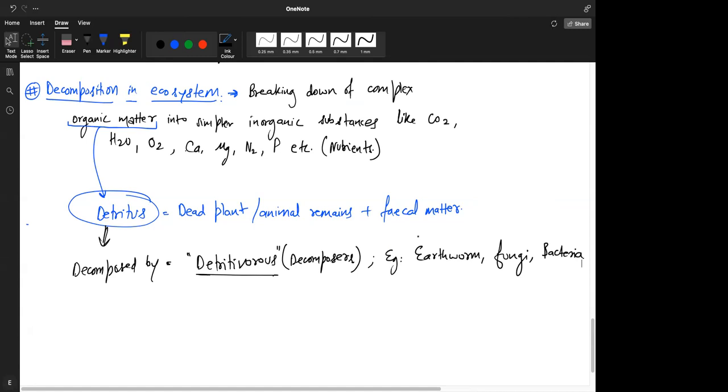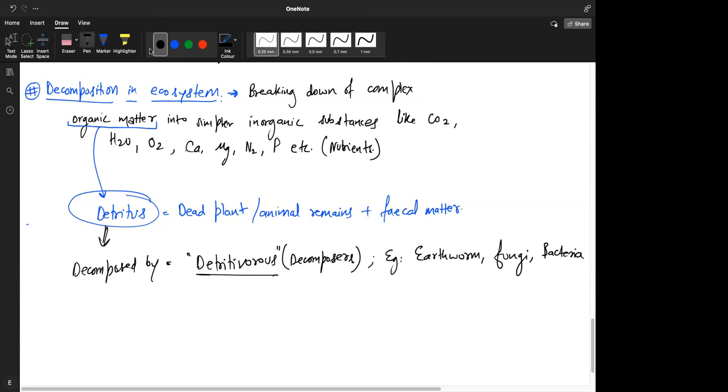Earthworms are never autotrophic, so you just write earthworms, not a problem. That's why give more relevant examples first, more relevant from day-to-day life. Is that clear, everyone? Yes. Okay, now having said that, so you know all of this.